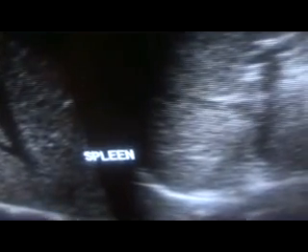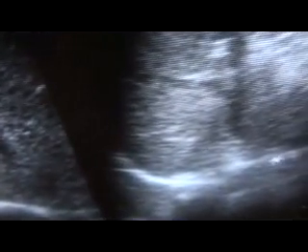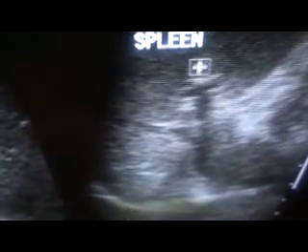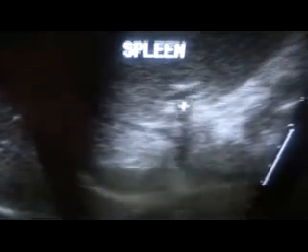This is the diaphragm. And this is the left hemidiaphragm. This is the splenic vein entering the hilum of the spleen. Compare the echogenicity of the spleen with that of the liver by yourself. There is no fluid above the diaphragm on both right and left sides.